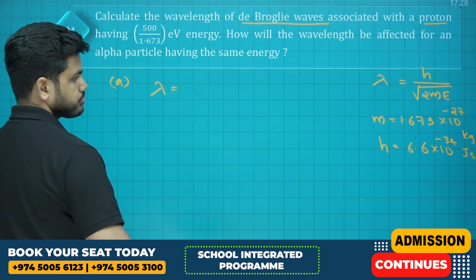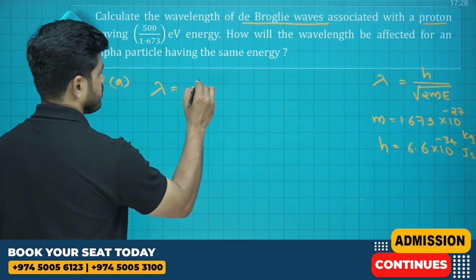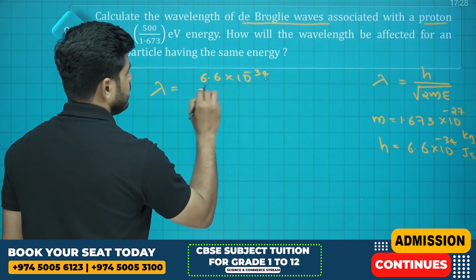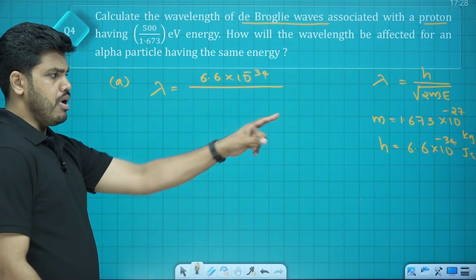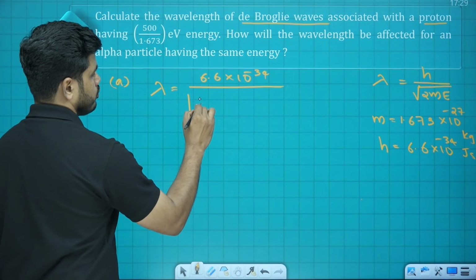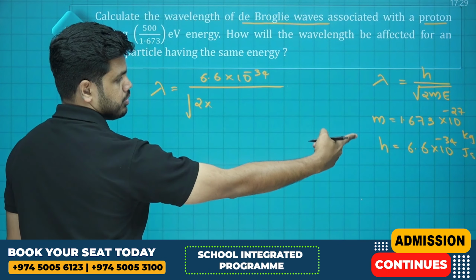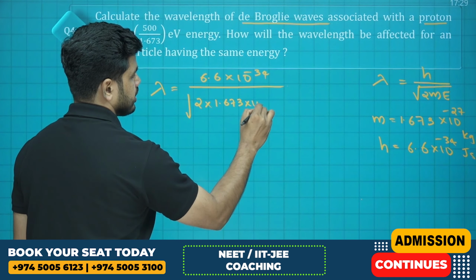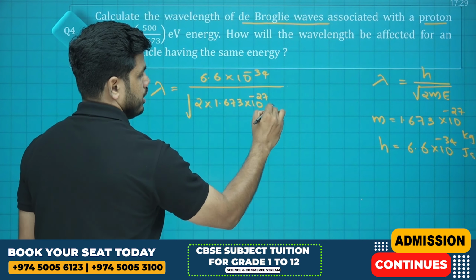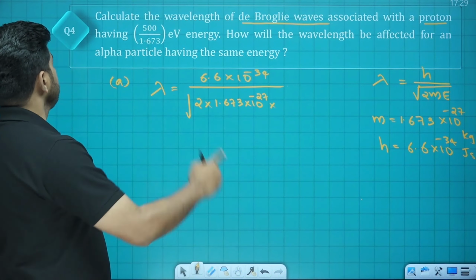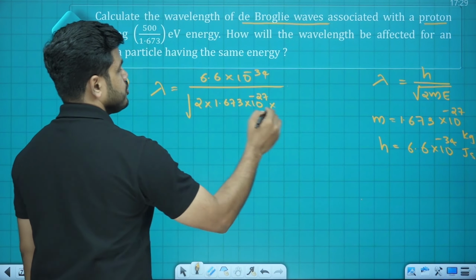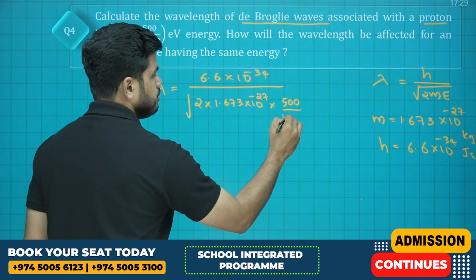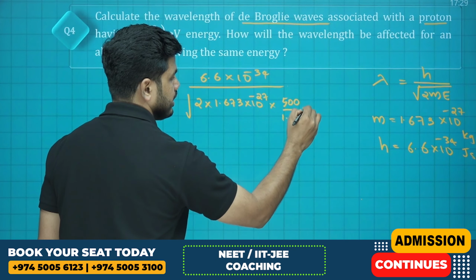Lambda is equal to h, the Planck's constant, 6.6 into 10 raised to minus 34, divided by the square root of 2 into mass, which is given, 1.673 into 10 raised to minus 27, into the energy value given, 500.